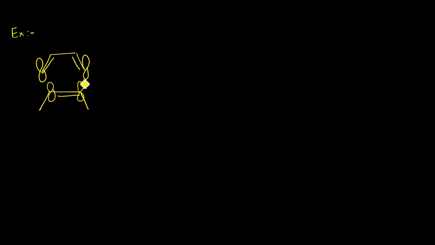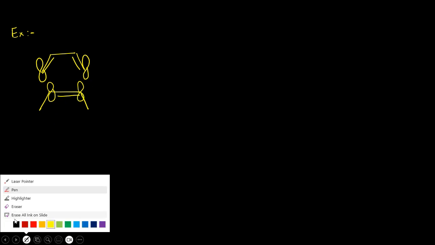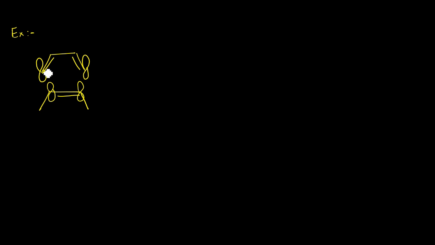Now we are asked to identify what is the interaction between these 2 orbitals. So let's say the interactions are like this. So basically this orbital rotates this way, this orbital rotates this way, and this orbital and this orbital rotate this way, and form the new 2 bonds between these 2 areas, right?